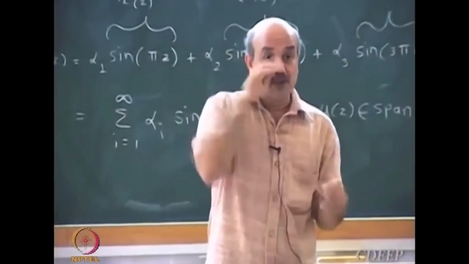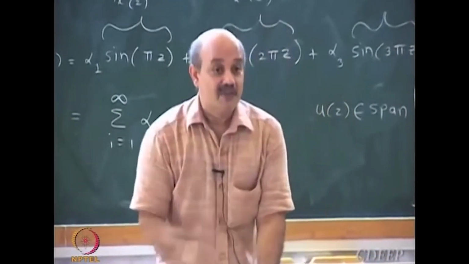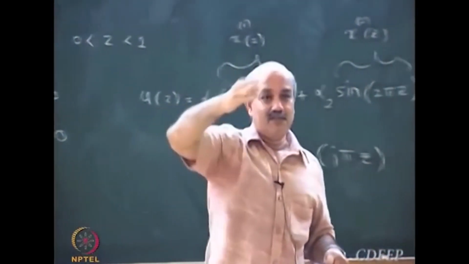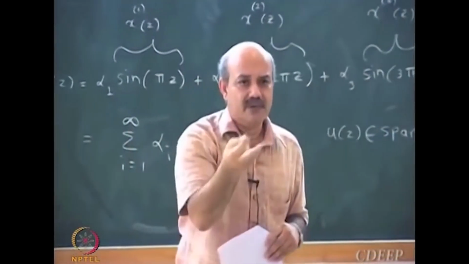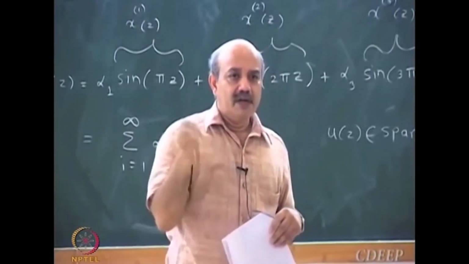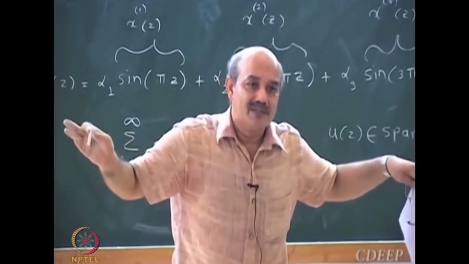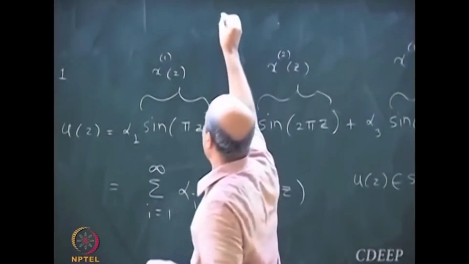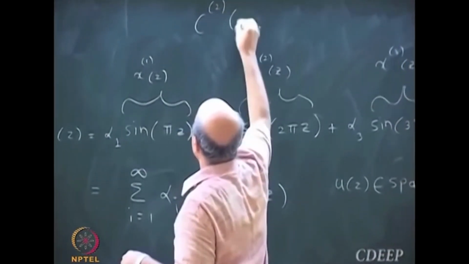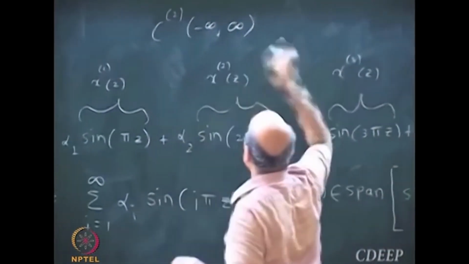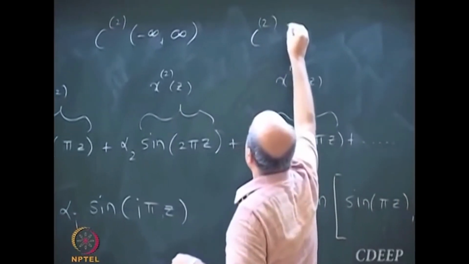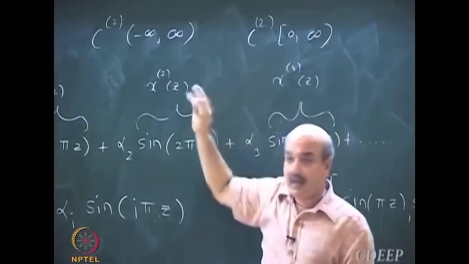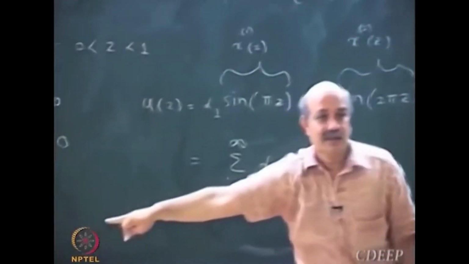These are different spaces. There are some problems in physics or chemical engineering where you have an infinitely long rod, so you may have a space which is C2 of minus infinity to infinity, or C2 of 0 to infinity. But these are different spaces than this.